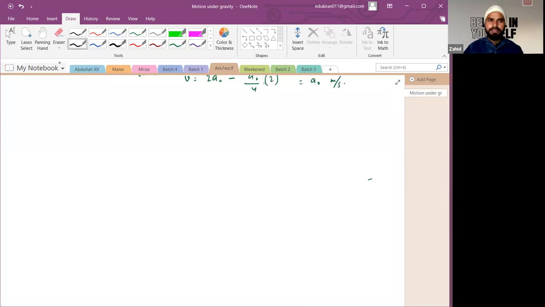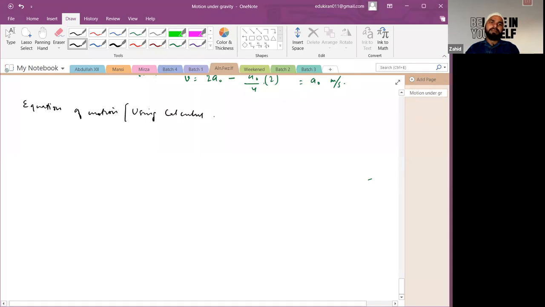Now, using this calculus, we have to derive equations of motion. So next is equation of motion using calculus method.